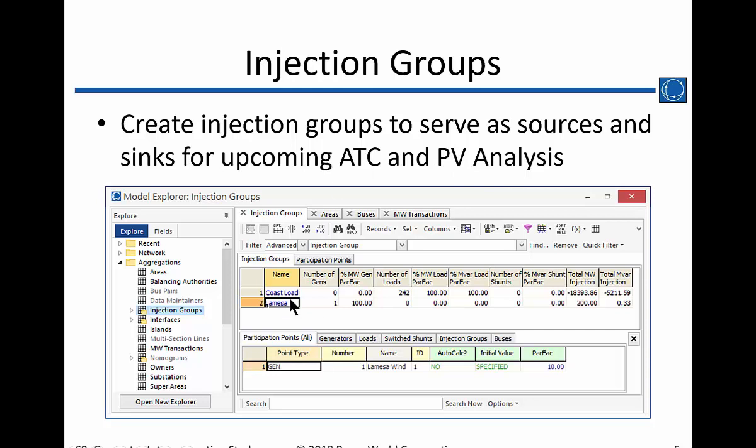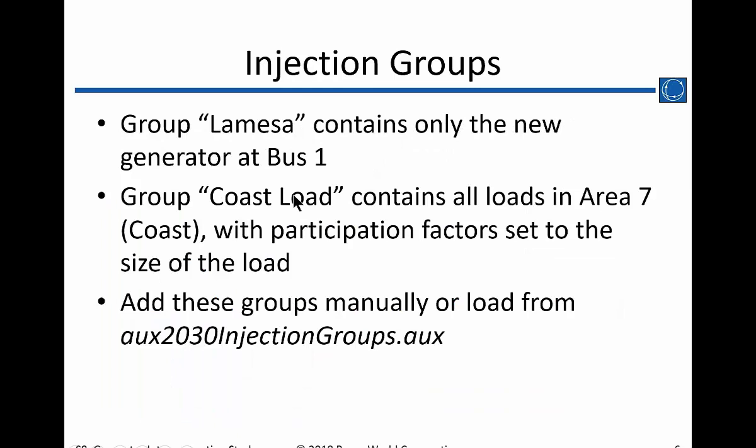But we'll just load an auxiliary file that'll do this and just take a look at what it did. There's an injection group that'll be called La Mesa, which will contain only the new generator, and then another group called Coast Load, which will contain all the loads in Area 7.